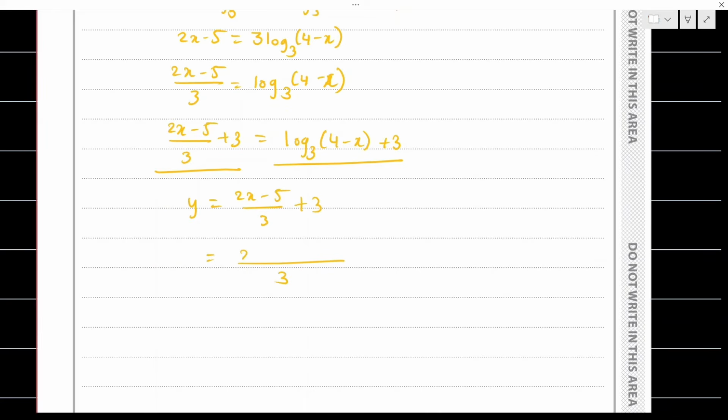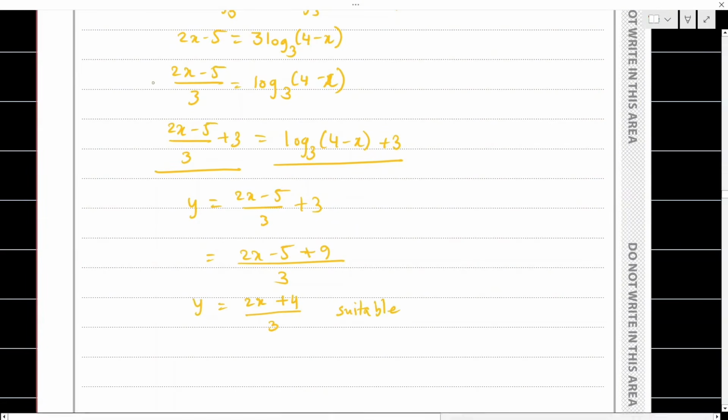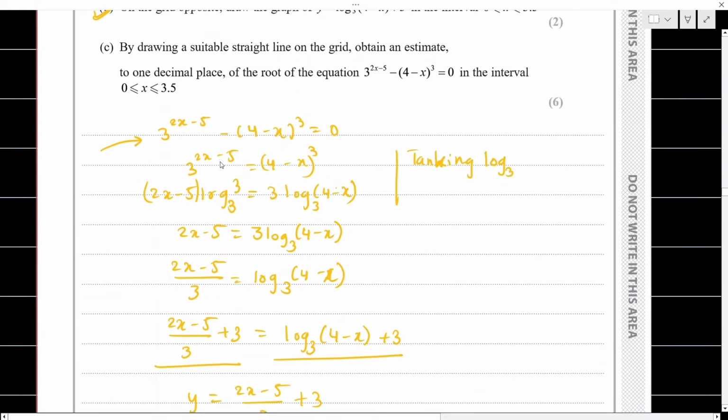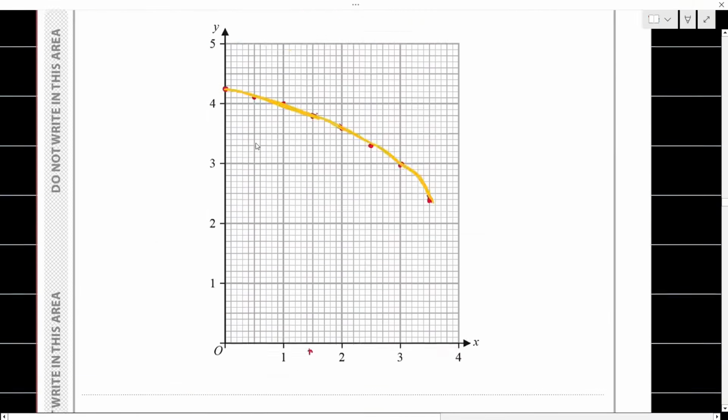Making it a single fraction will give us 2x minus 5 plus 3 threes are 9, so (2x plus 4) by 3 is our suitable line. Drawing this line in our graph will give us an intersection point, and from there I can say that the solution of the equation would be the intersection point.